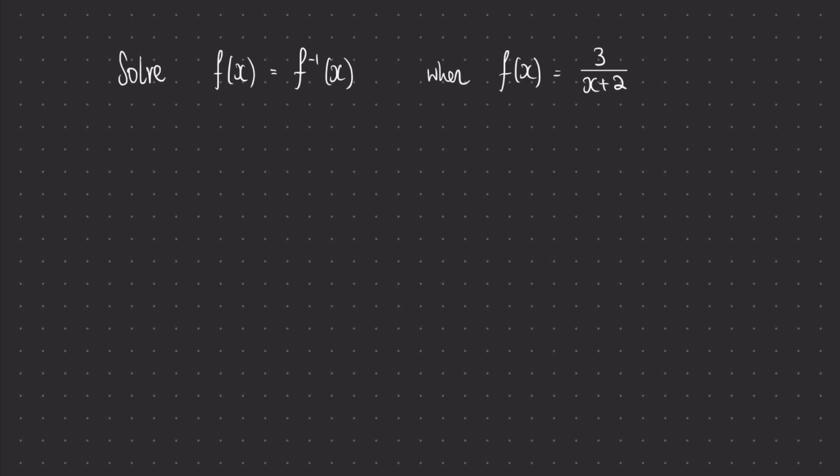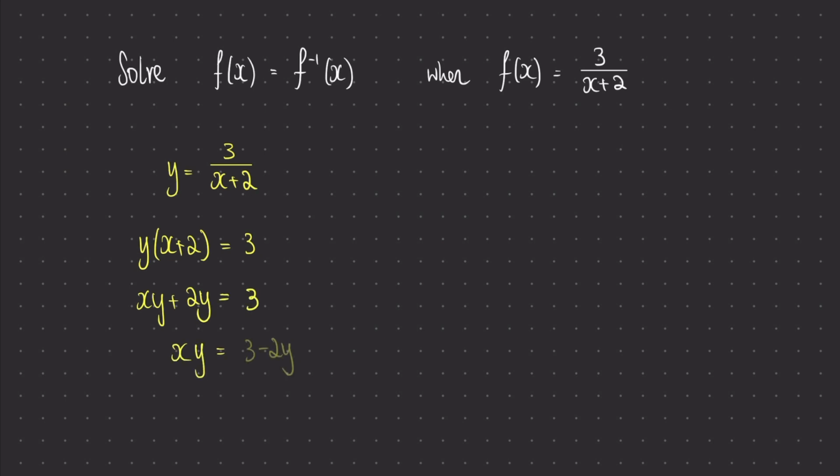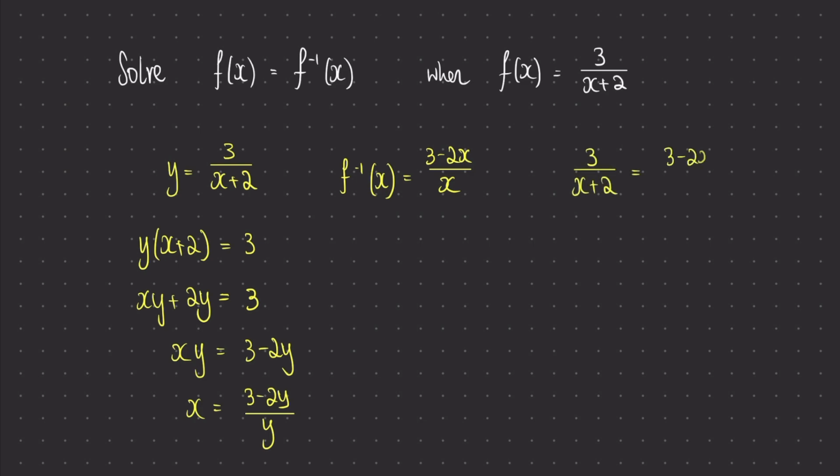In order to solve this function equation, I'm first going to need to find the inverse of f. So setting our function equal to y, and rearranging to make x the subject of the equation, dividing both sides by y, and rewriting our inverse in the correct notation. Now I can move on to the section where I'm solving my equation. So I set 3 over (x plus 2) equal to (3 minus 2x) over x.